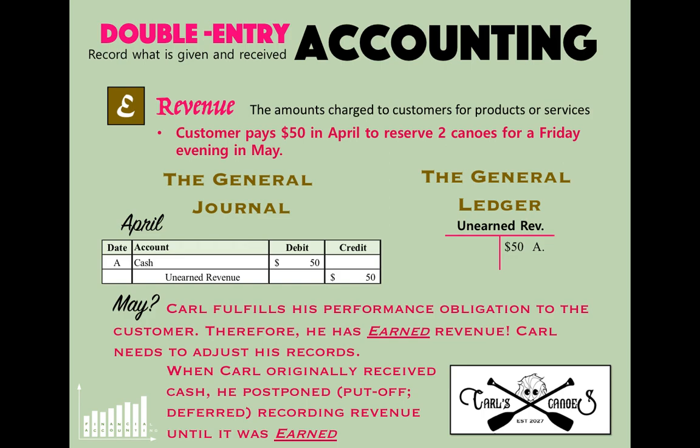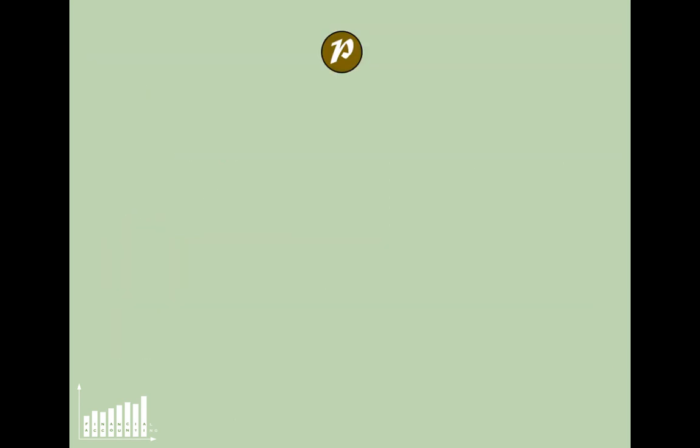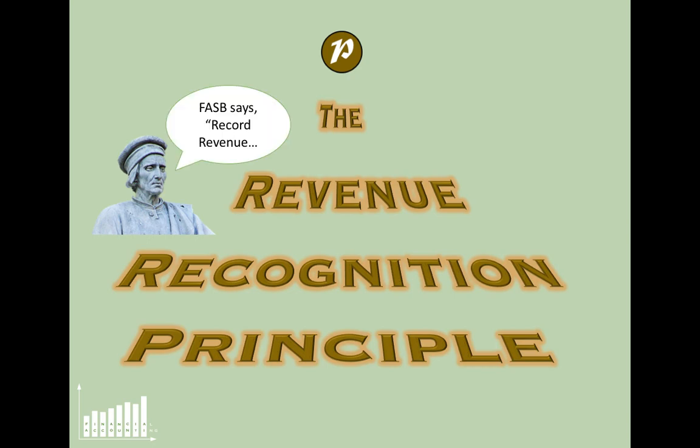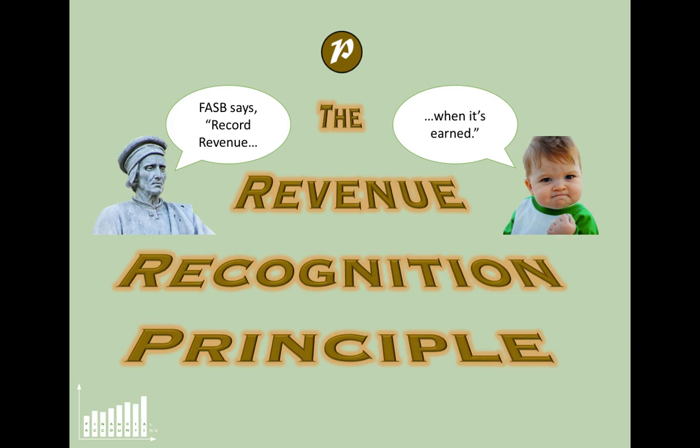He had to record revenue when it was earned according to GAAP, generally accepted accounting principles, and the revenue recognition principle, which says, FASB says, record revenue when it's earned.